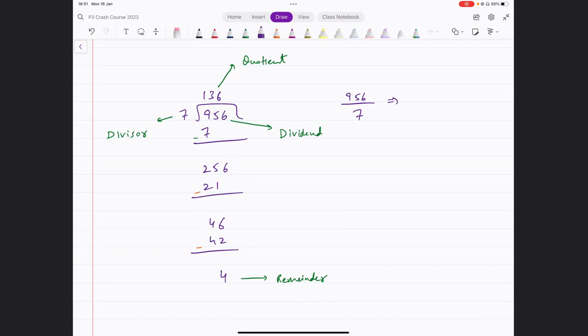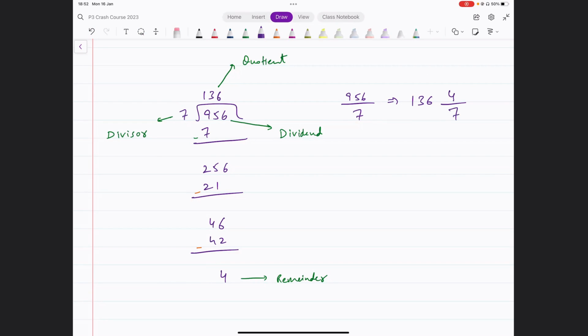So 956 over 7, we could write it like this in mixed form, if you remember. 136 whole, because that's the quotient that we're getting. And then we have 4 remainder, that's here, divided by this divisor, which is 7.